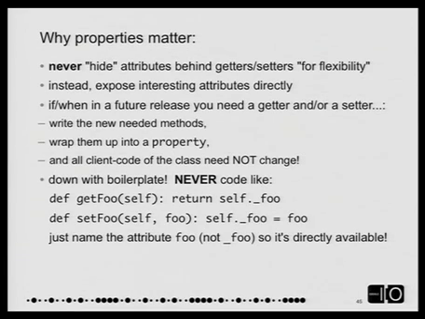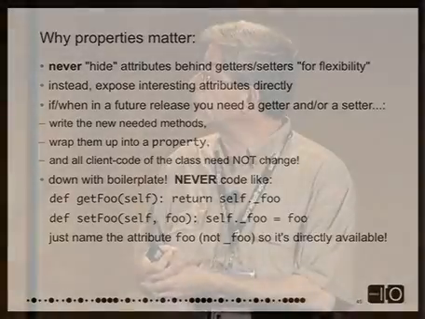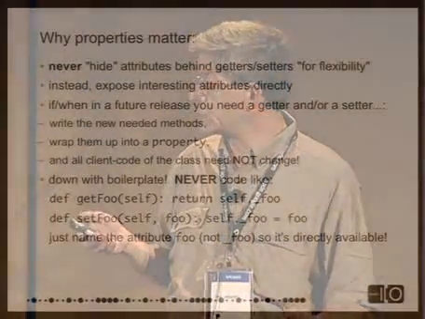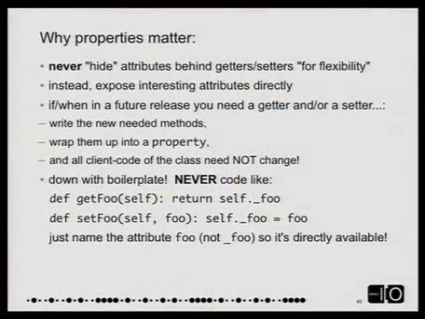You just expose the interesting attributes directly. If and when you need a getter and a setter, you write them and you wrap them into a property, so that all client code using your class doesn't need to be changed. It can still assign to attributes, and the method calls will happen intrinsically on your behalf. Avoid boilerplate. Don't waste pixels.